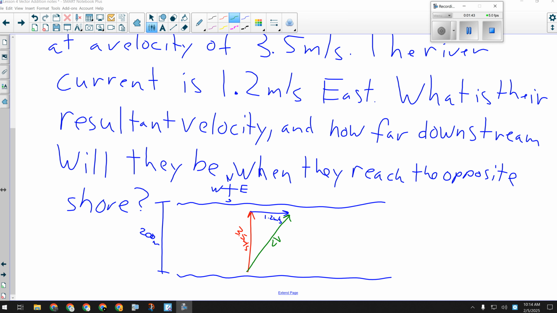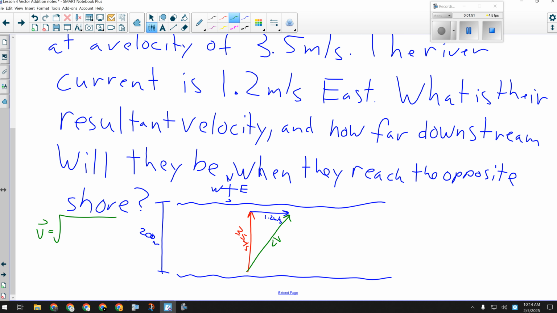So the first thing it wants is the resultant velocity, so that's the green line. To get that, we're just going to use Pythagorean theorem. We have the other two sides of the triangle, so 3.5 squared plus 1.2 squared.